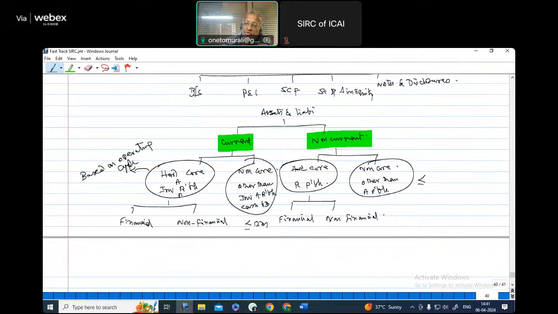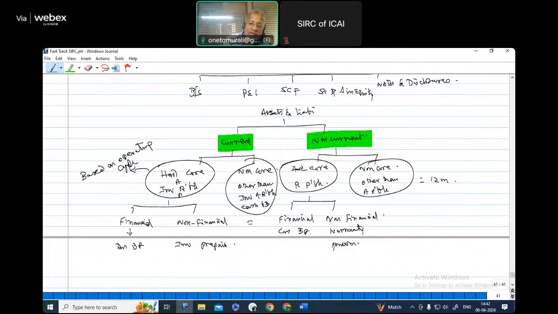In fact, I would just say equal to 12 months. Financial items are where you have debtors and bills receivable. Non-financial hardcore current assets would be inventories and prepaid. Here it is creditors and bills payable. Non-financial items could be your warranty provisions and all that.